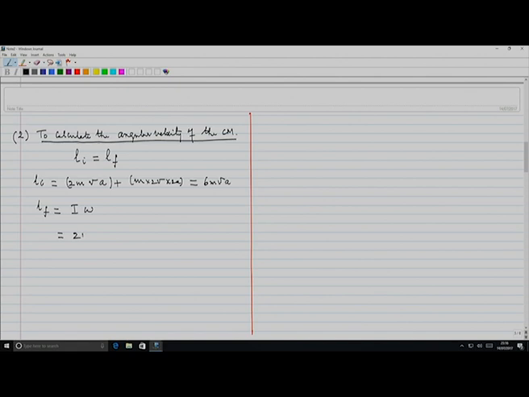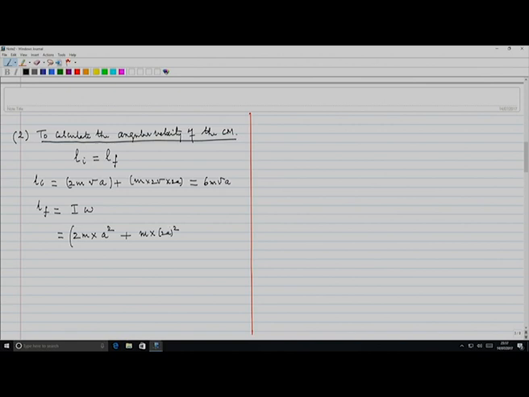So first 2m times a squared, the moment of inertia of the mass 2m, plus the moment of inertia of the mass m times 2a whole squared.